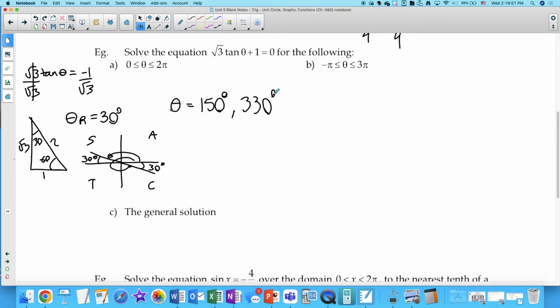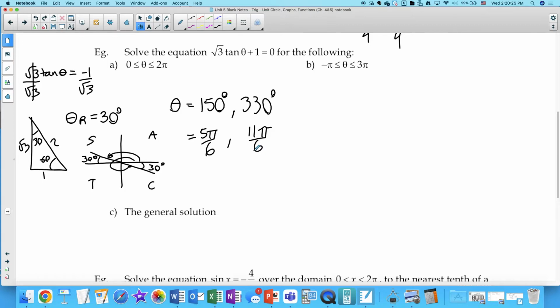One rotation in radians, 0 to 2 pi. One rotation in degrees is 0 to 360. Okay, so if we multiply this by pi over 180, 15 over 18 is 5 over 6. So this is 5 pi by 6. And again, pi over 180, 33 over 18, 11 over 6. So 11 pi over 6. So those are my two solutions.